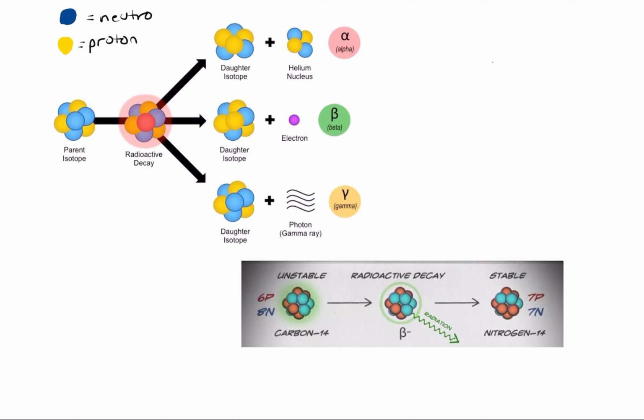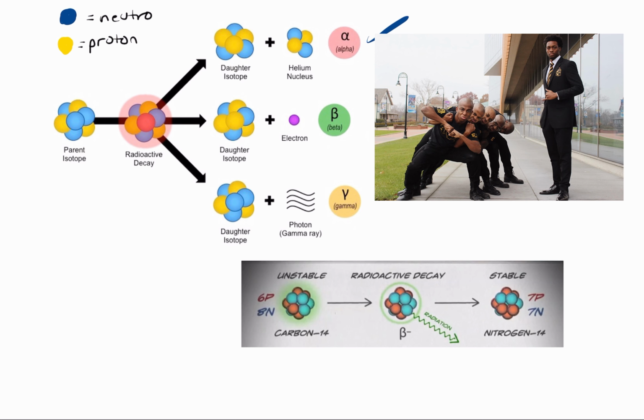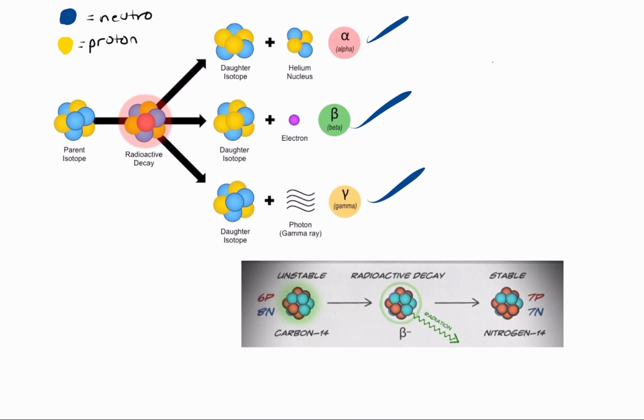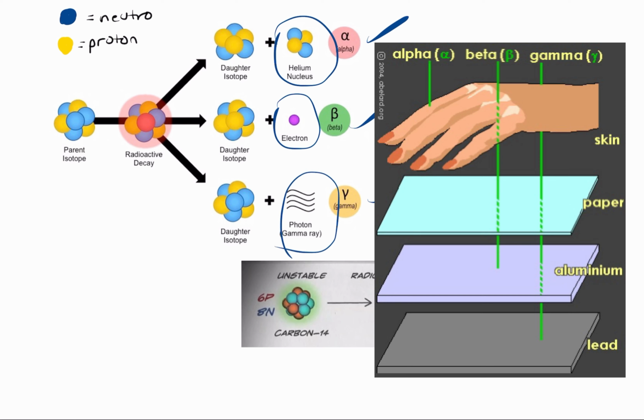And the particles that are released are called alpha, beta, and gamma particles, right? Beta particles, we see that an electron is released, and in alpha particles, we see that a whole different element can be formed. And in gamma rays, we can see not much has changed, and these are actually very detrimental and very dangerous to deal with, right?